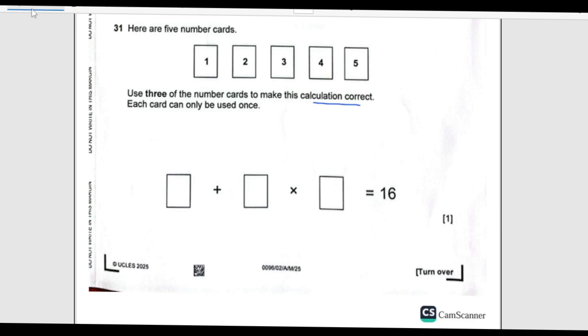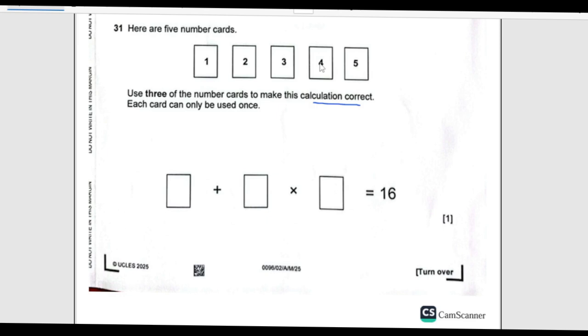We have to limit our calculation. 5 cannot come here, right. 5 plus, if I take 5 here, no. So, 16 is 4 times 3 is 12. If I take 4 times 3 is 12, 12 plus 4 should be 16.